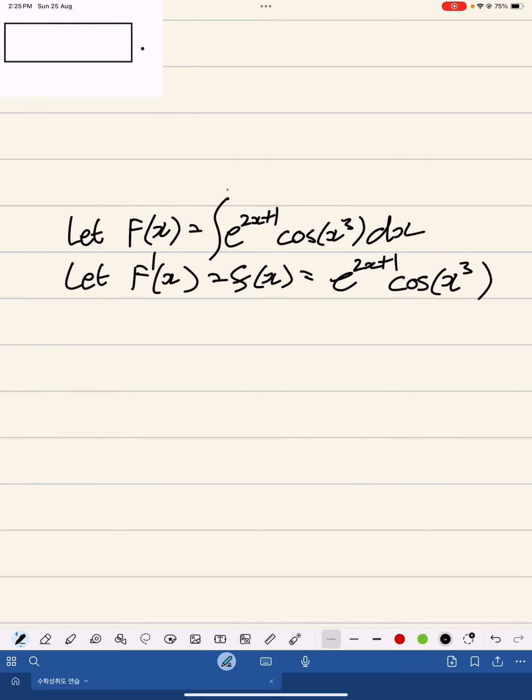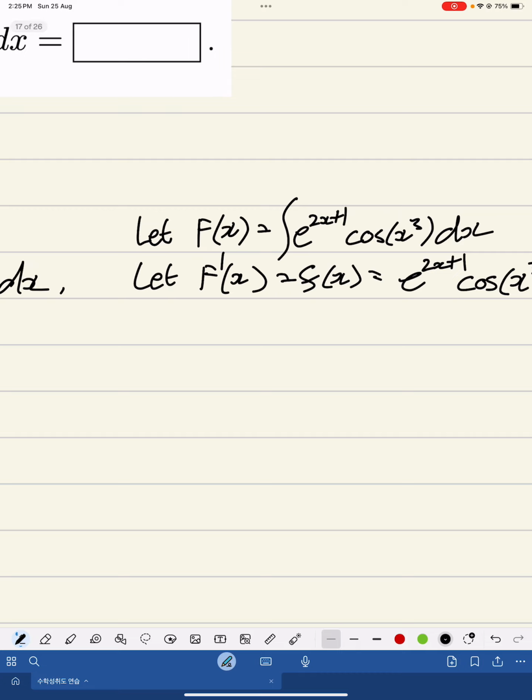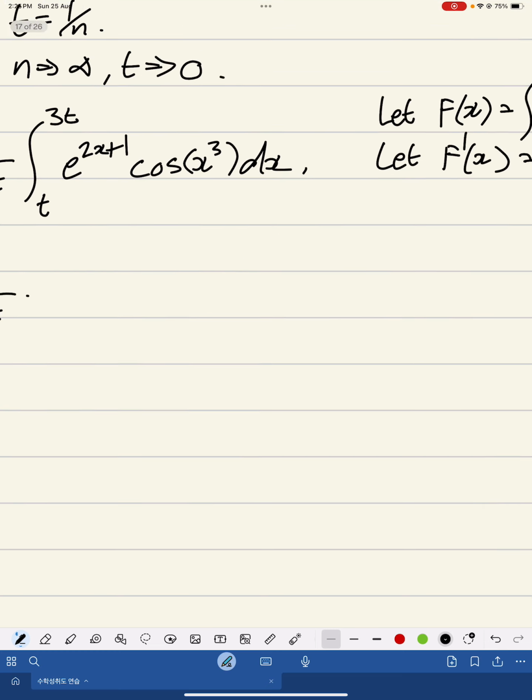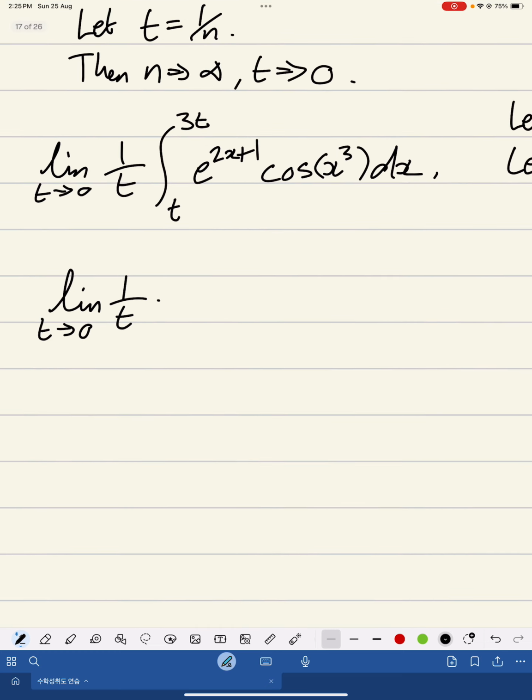Because this is an indefinite integral, if you differentiate it, you'll just end up with the original function inside. So the real question is the limit as t approaches 0 of 1 over t times capital F of 3t minus capital F of t, right?